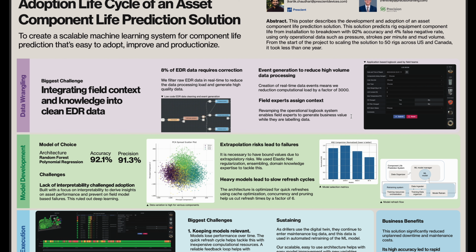And apart from this, our model needed to refresh as your components keep getting changed. So heavy models make it very difficult to refresh very quickly. This kind of just takes care of that.